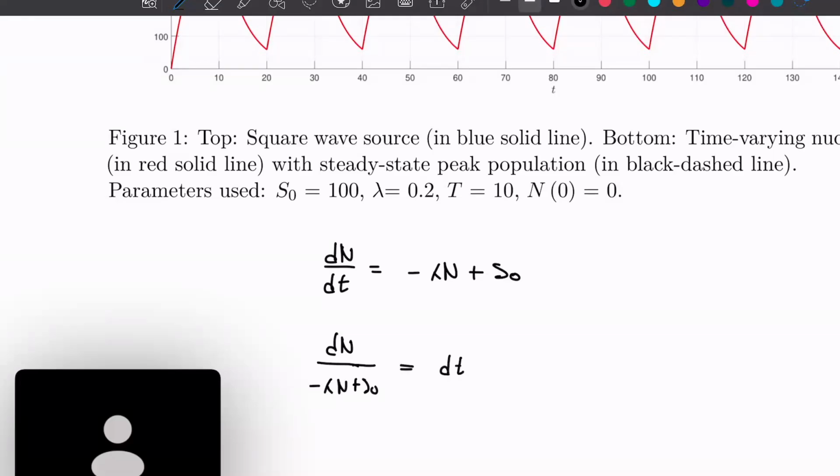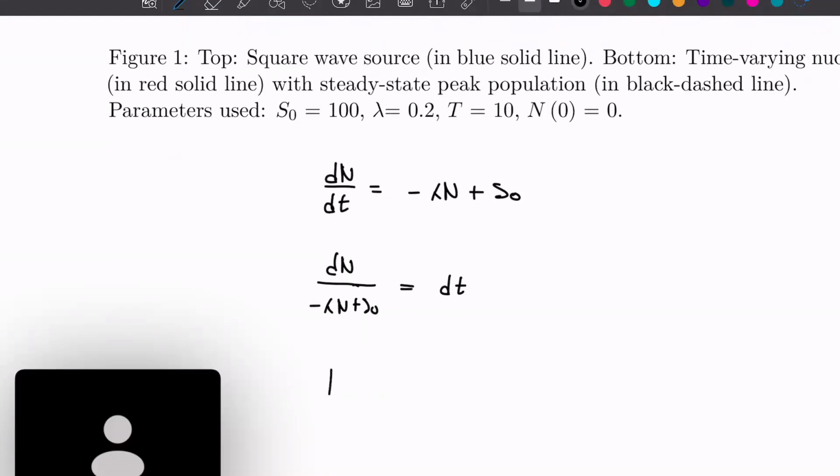This goes to dt, and then we can get ln of the expression with minus lambda N plus S naught, going to t.